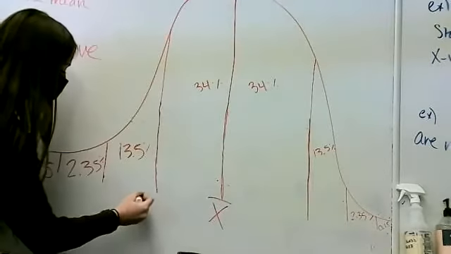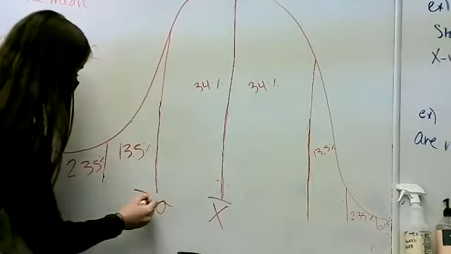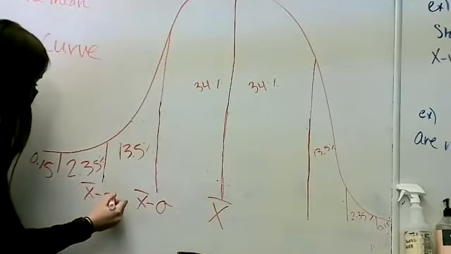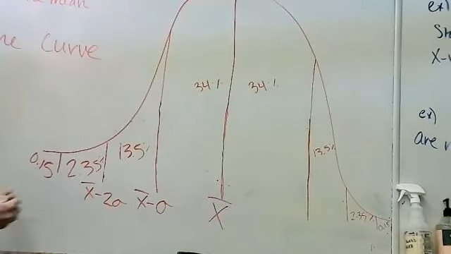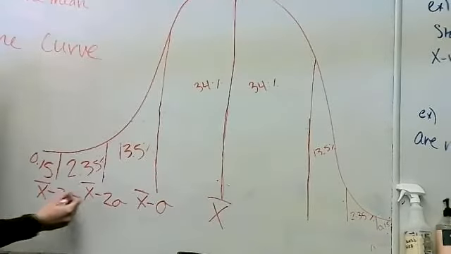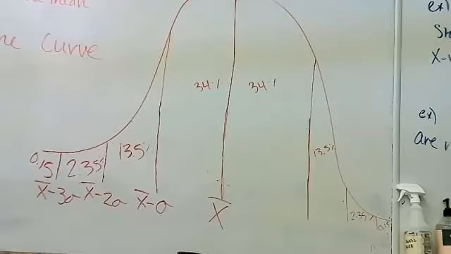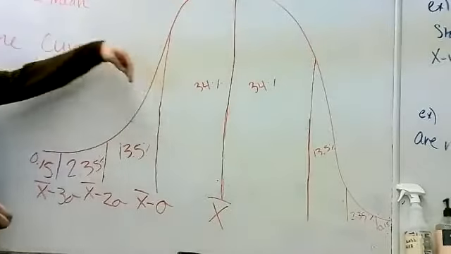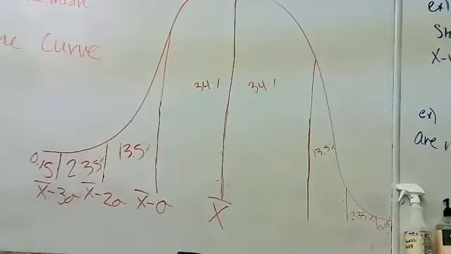We go mean minus a standard deviation, or a sigma: X bar minus sigma. Then mean minus 2 standard deviations: X bar minus 2 sigma. Lastly, this last tick mark is X bar minus 3 standard deviations, or X bar minus 3 sigma. So every tick mark away from the mean this way, you are subtracting your standard deviation.